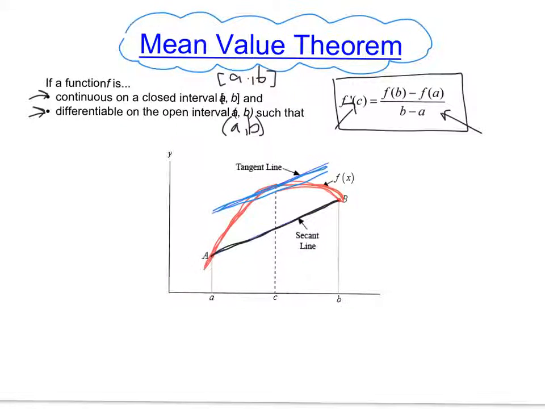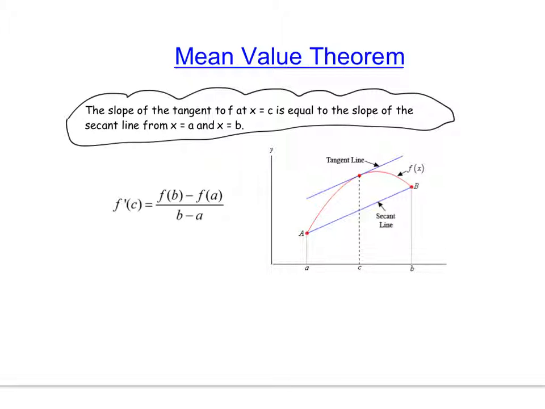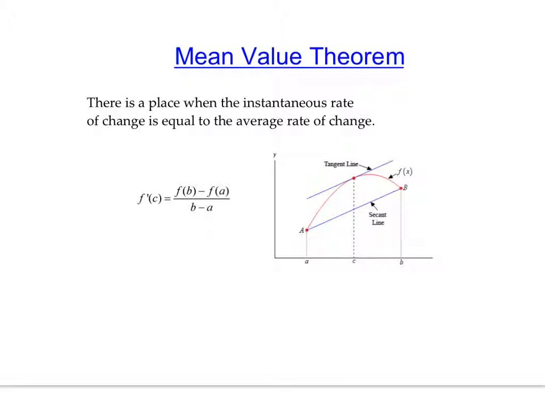Here are a couple of other phrasings that say the same thing: the slope of the tangent to f at x equals c is equal to the slope of the secant line. There is a place where the instantaneous rate of change is equal to the average rate of change. All very important.